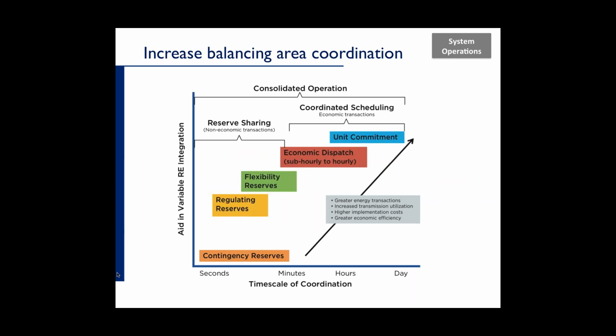Down at the bottom left, we have a box called contingency reserves, and this is essentially the process for determining what level of both spinning and non-spinning reserve needs to be online or ready to come online to cover a contingency. If a generating unit trips offline or a transmission line trips open, we can have two or more areas sharing their contingency reserve obligation.